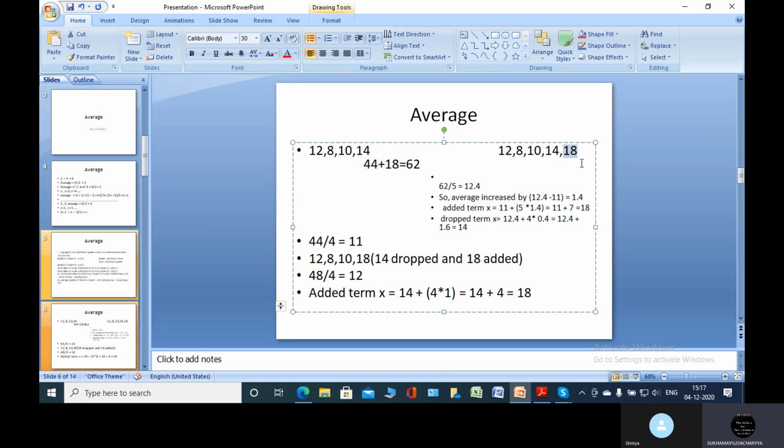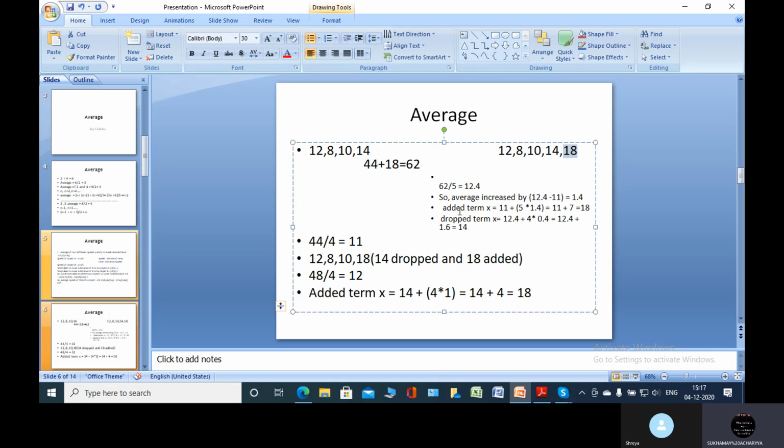How is it changed? The total summation will be 44 plus 18, which is equal to 62, and the total number of numbers is equal to 5. So the average will be 62 by 5, which is equal to 12.4. So the average increased by 12.4 minus 11, which is equal to 1.4.